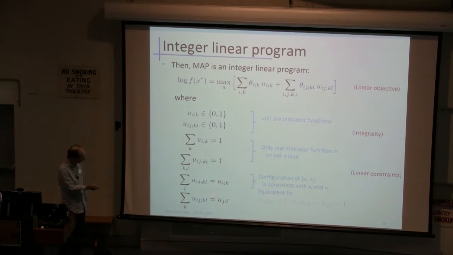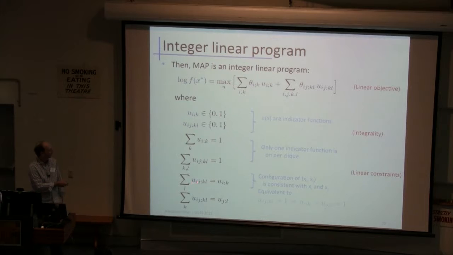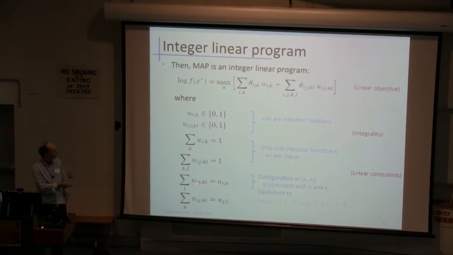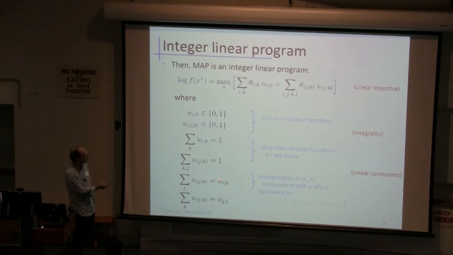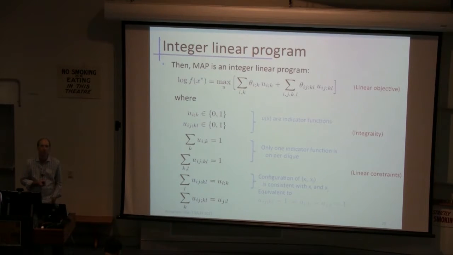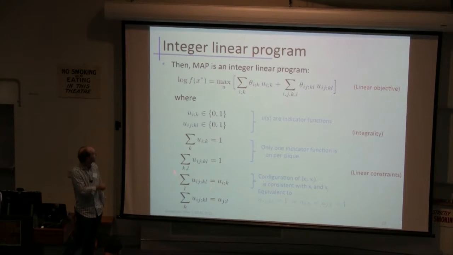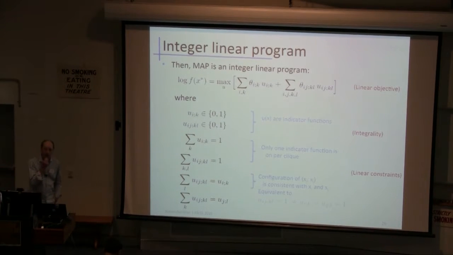So this is just framing that if our indicator vector u tells us that x_i and x_j take on some value, then the other part of the indicator vector u, corresponding to x_i by itself and x_j by itself, should tell us the same values. Right? So this is just the conditions of encoding some configuration x into this binarized vector.